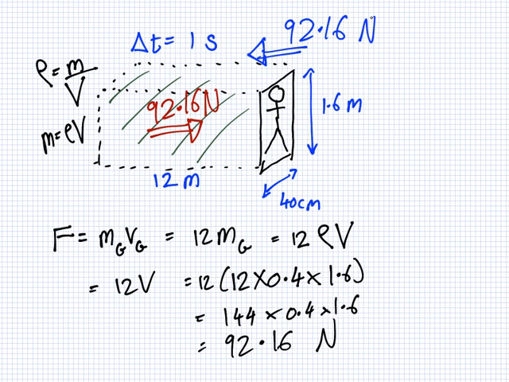Now 92.16, that's pretty heavy. That would be like if you lie on the ground and then have 9 kilograms resting on you. It'd be about the same force as this.